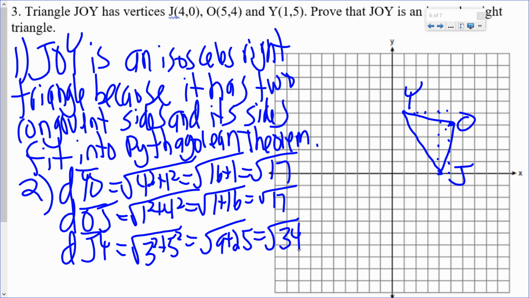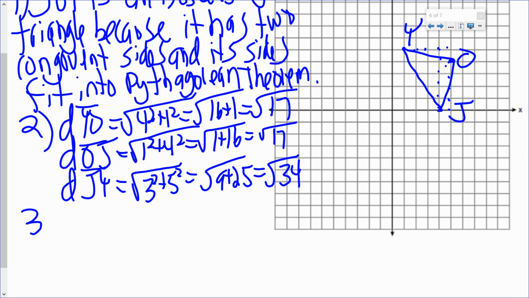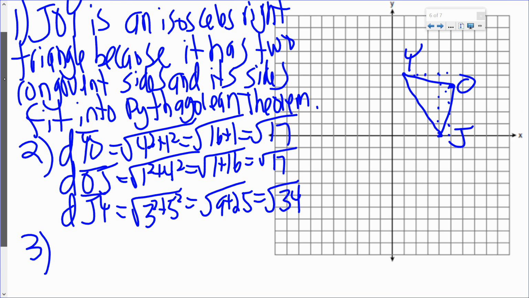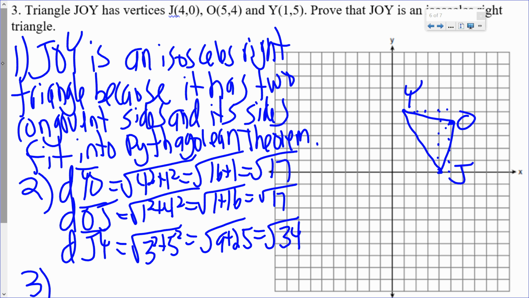Now, part 3 is going to tie everything together. In part 1, you said that it has two congruent sides. Tell me what sides are congruent and why. In part 1, you said its sides fit into Pythagorean theorem. Show me its sides fit into Pythagorean theorem. Pause. Try and do 3 on your own.